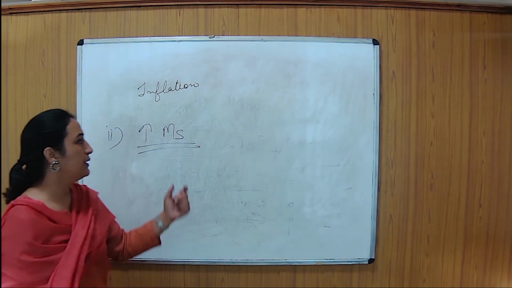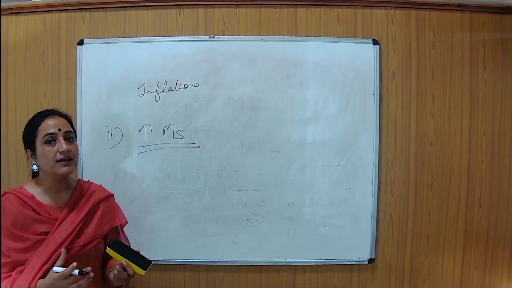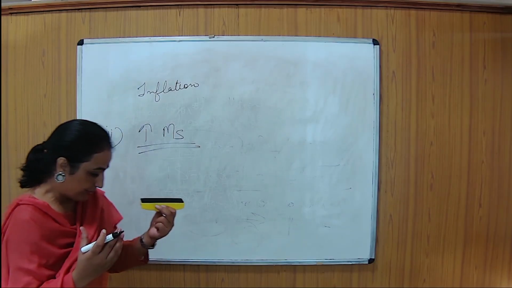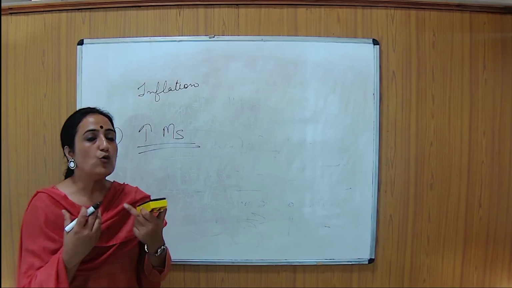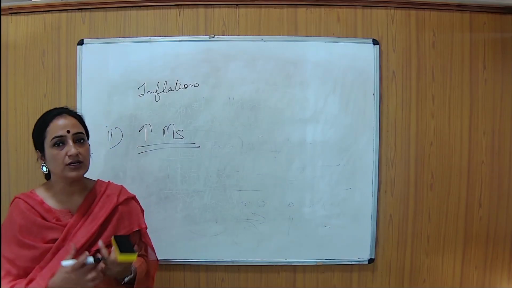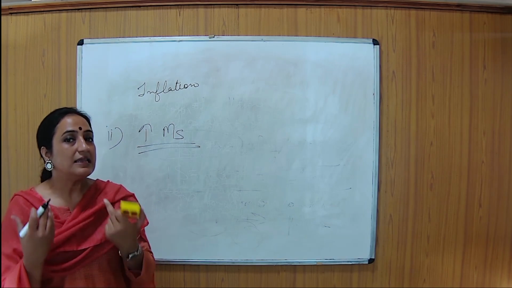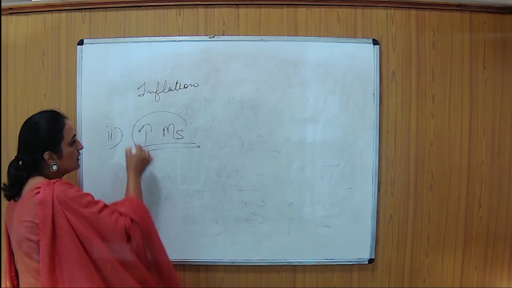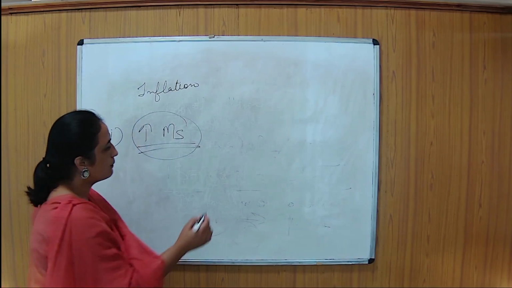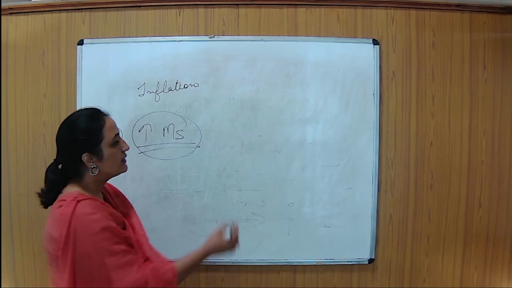Students, what happens when money supply is more in an economy? It means in the public hand there is more money. Public wants to spend more money on the goods and services. Their consumption pattern will increase, their expenditure will increase. So due to increase in the money supply in the economy, people want to spend more on the goods and services. They demand more.